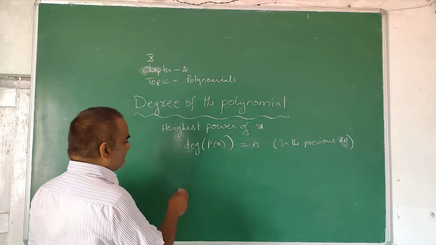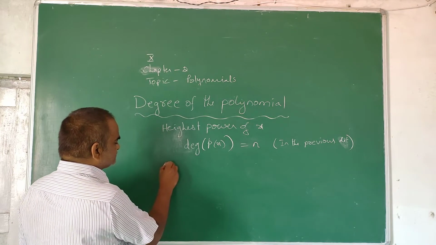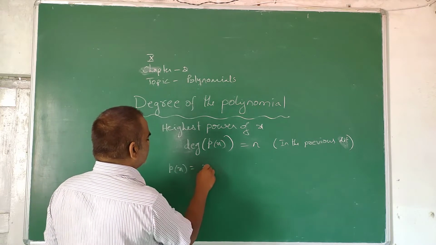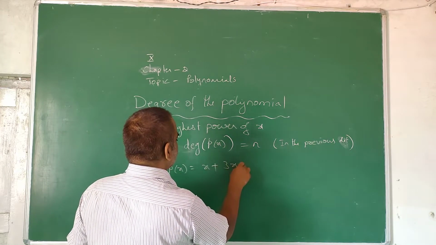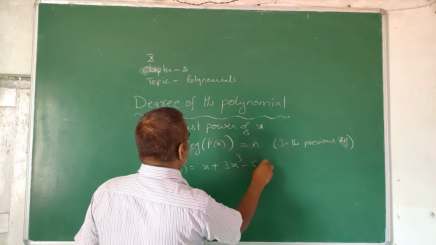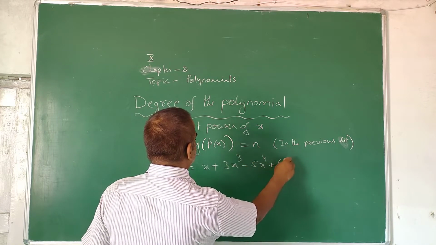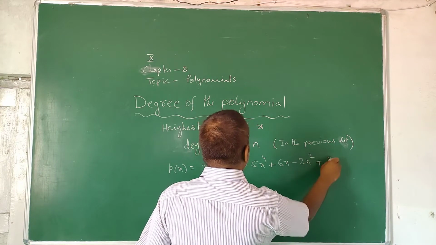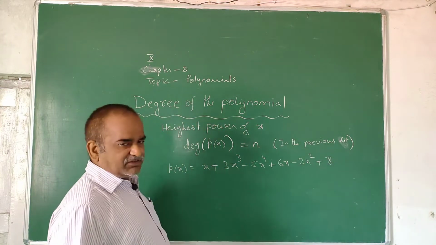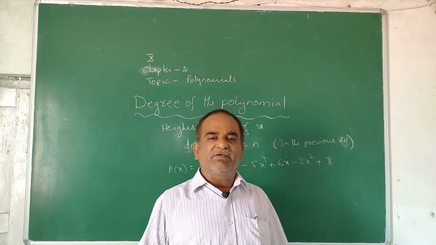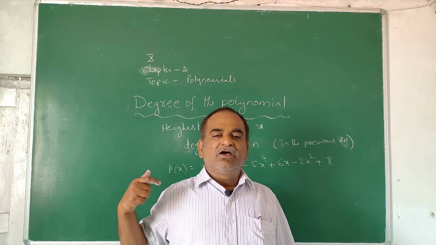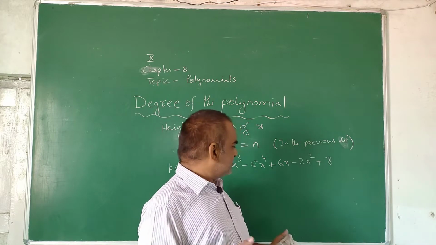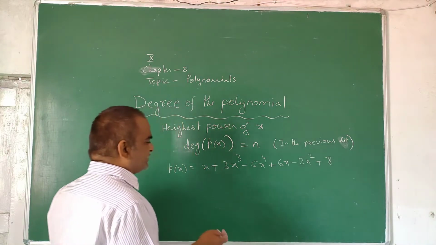Now let us take some particular examples. Suppose take p of x is equal x plus 3x cube minus 5x power 4 plus 6x minus 2x square plus 8, say, for example. Of course, usually terms of the polynomials are to be kept in order, but here I wrote in a misorder, but nothing to worry.